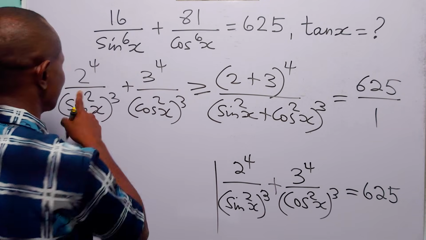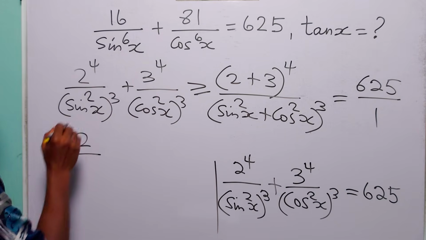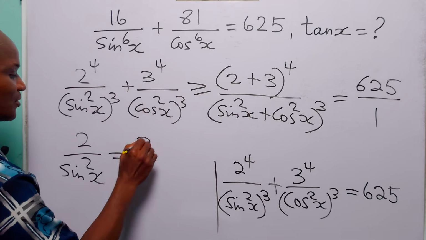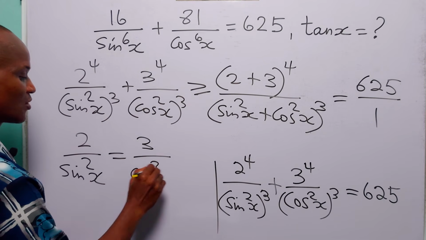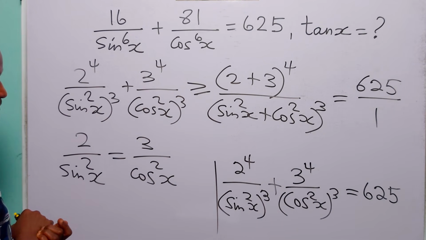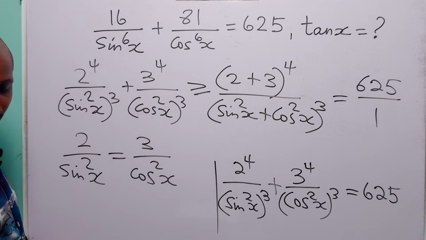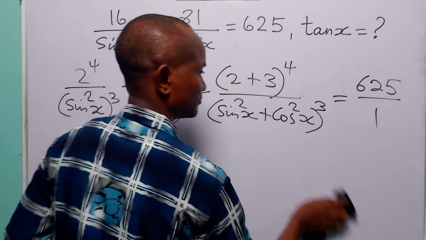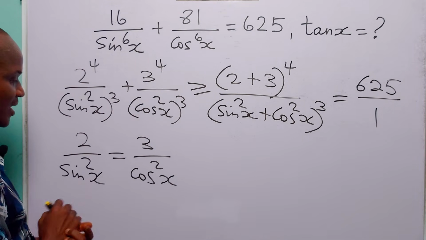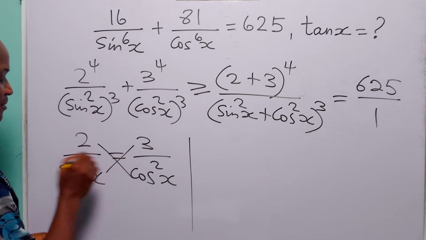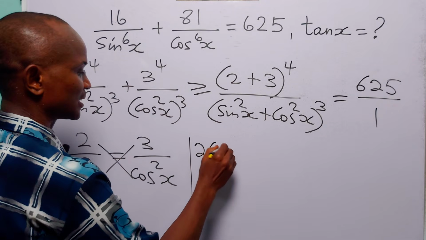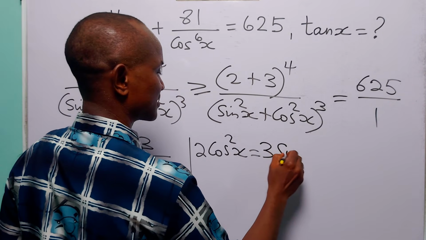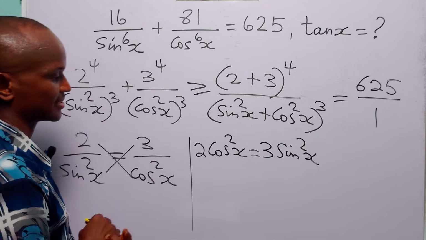So, that can only mean that 2 over sin squared x must be equal to 3 over cos squared x. And of course, from here, when we cross multiply, we have that 2 times cos squared x is equal to 3 times sin squared x.